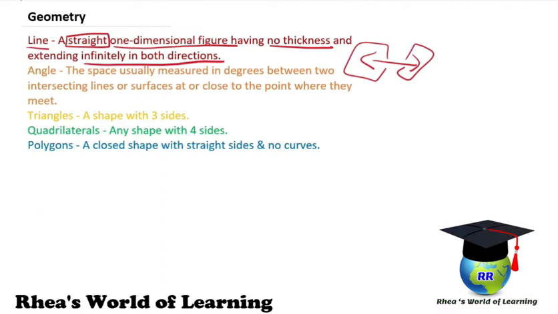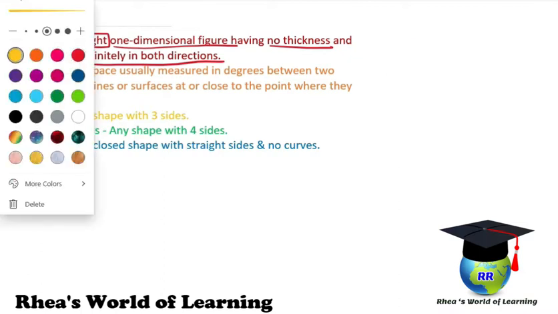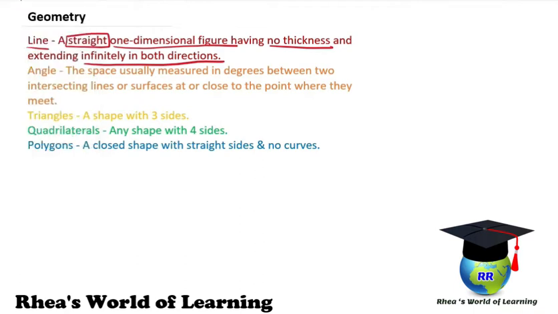Now that we're done with lines, we're going to go on to angles. An angle is the space, usually measured in degrees, between two intersecting lines or surfaces, or close to the point where they meet. So that means like this. This is an angle, more specifically a right angle, because it has 90 degrees.